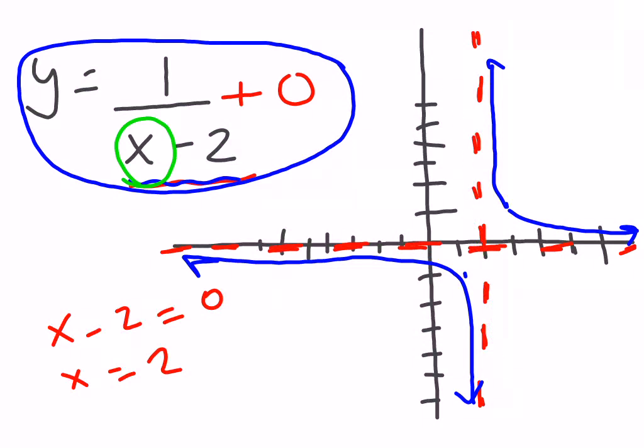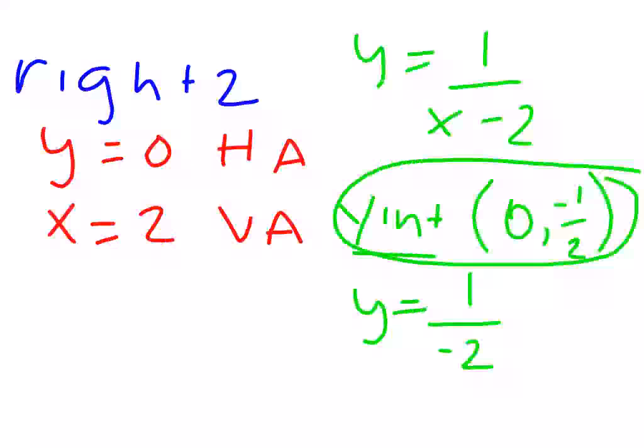However, if we look at this graph, we can see that our x-axis is actually the asymptote, and we know that we can never touch the asymptotes. So it can never be the case that our function intercepts the x-axis. So there is no x-intercept.